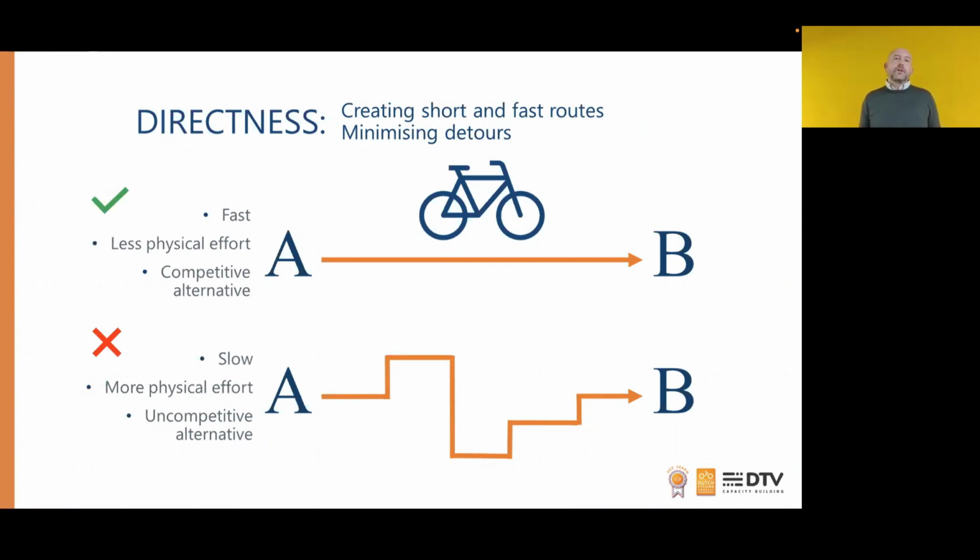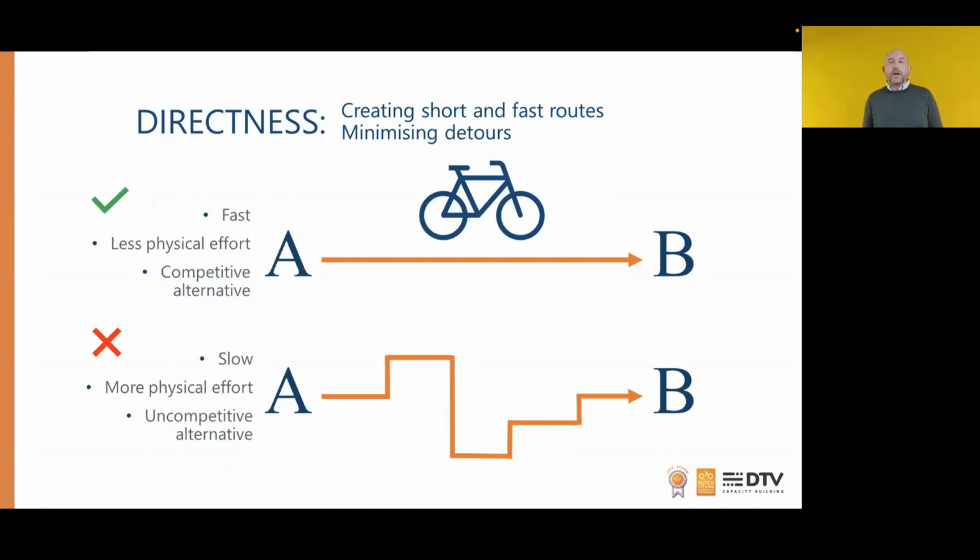So we would want to avoid that energy we put in it. So minimize the stops. Stopping costs a lot of physical exertion, a lot of human powered energy, and we would want to avoid that as well. So fast, less physical effort, and to become a competitive alternative.